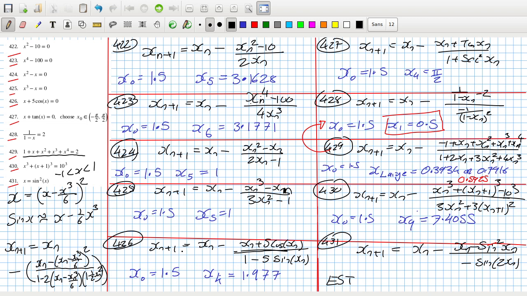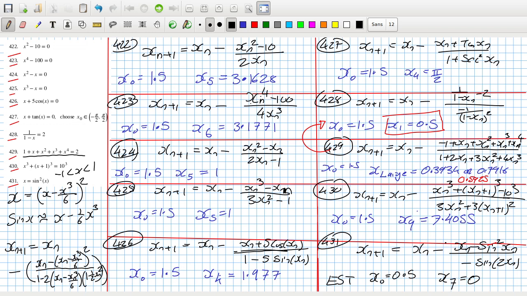And then the first bracket is the original, and then the derivative, squared. So if I start with 0.5, 1, 2, 3, 4, 5, 6, 7. 7 would take me to 0.